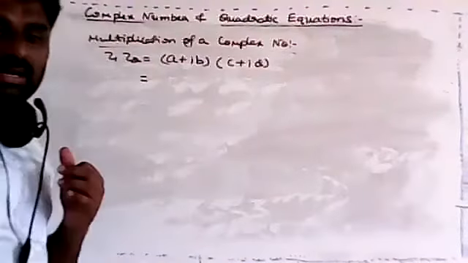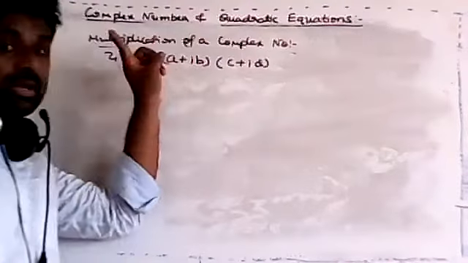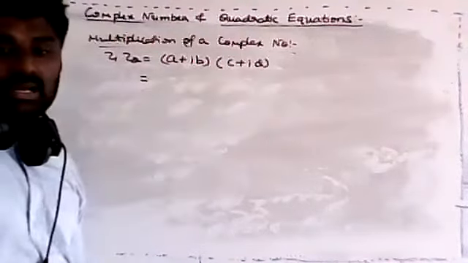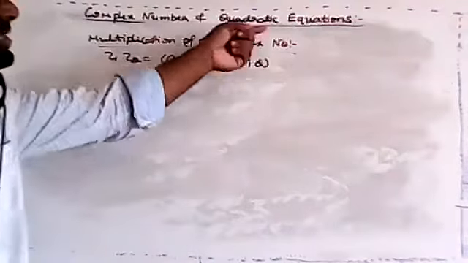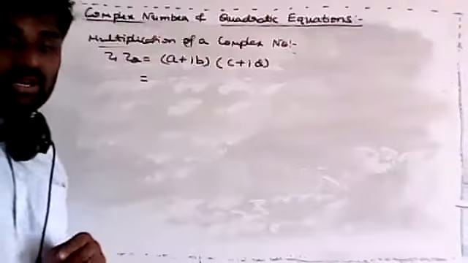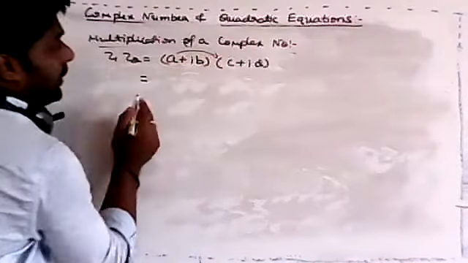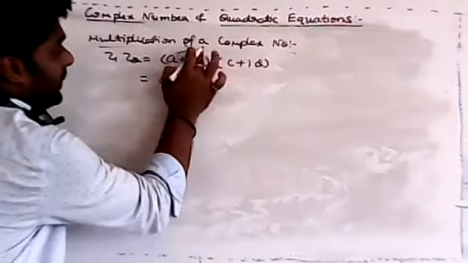So earlier in the addition we have taken z1 as a plus ib and z2 as c plus id. Same thing I'm taking here. Here we are solving for multiplication of a complex number. Earlier it was addition of a complex number. So now a into c we will get.